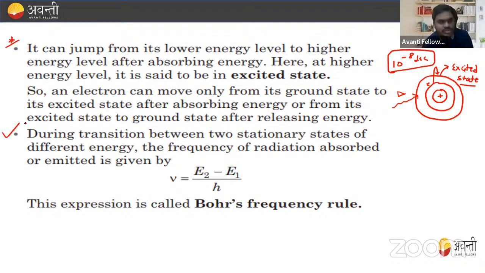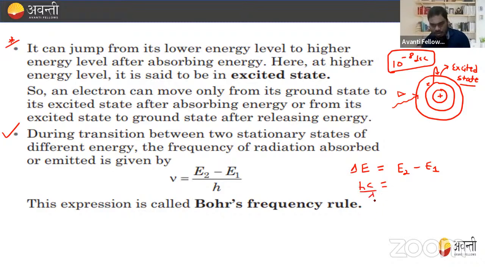Now, this one: during transition between two stationary states of different energy, the frequency of radiation absorbed or emitted is given by, we know that energy, delta E. What is delta E? The change in energy is nothing but E2 minus E1. Suppose the electron present in the first shell gets excited and goes to the second shell. So what is the excitation energy, beta? That is E2 minus E1, or we can write it as hc upon lambda, right?